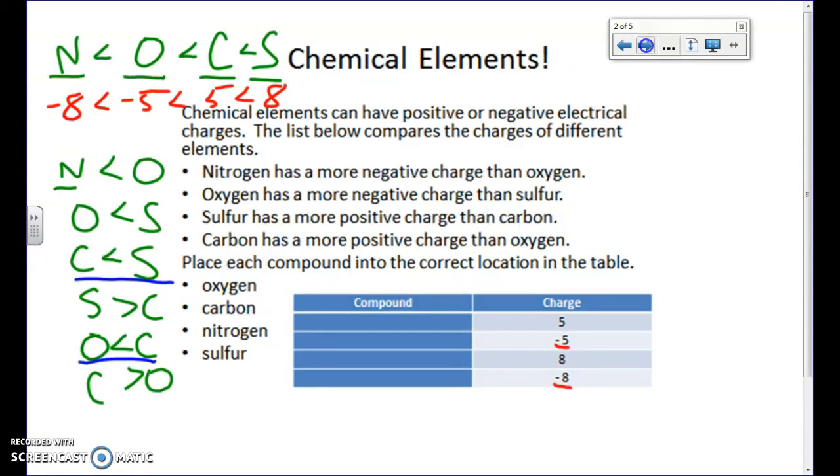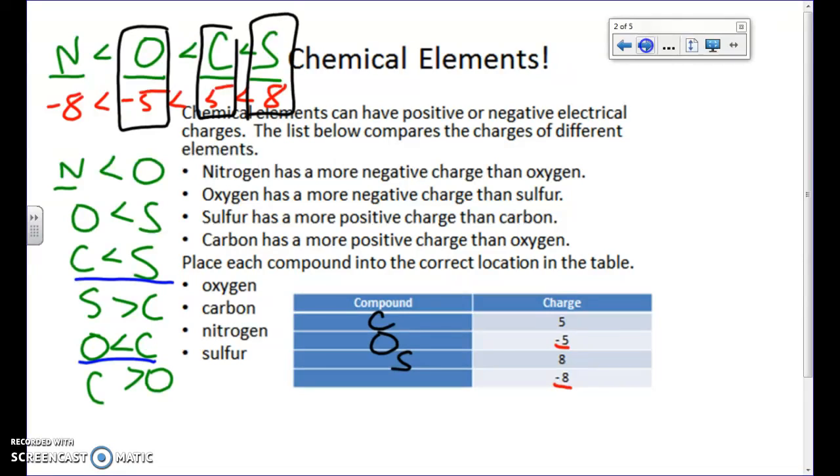I know that 5 was carbon, and I know that -5 was oxygen, and I know that 8 was sulfur, and I know -8 must have been nitrogen. So it's really an activity of just putting the numbers in order and then using our reading skills to determine which one matches which element. You'll see something similar to that on your Study Island.